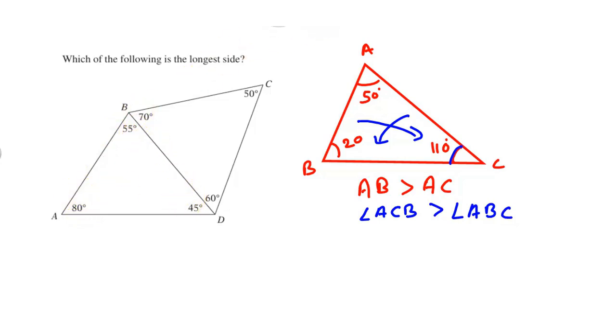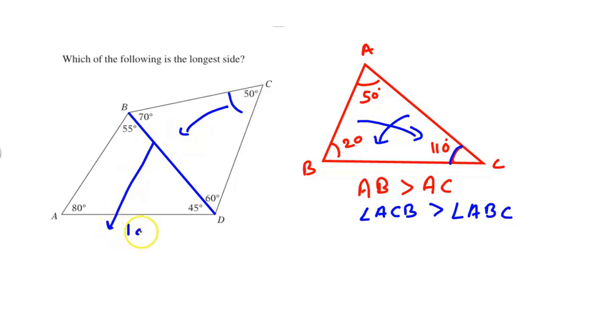So for this triangle, it's obvious that BD will be the longest side in triangle ABD. In triangle ABD, BD will be the longest side. Now, if we consider this triangle, in this triangle, this is the shortest side, right?